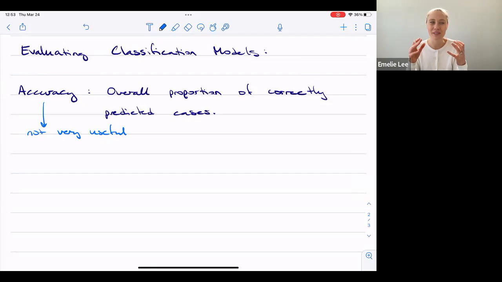If I have a model that predicts that everyone's just going to stay, that's true for a huge number of cases. So everyone gets a 0, no one's leaving. Well, the accuracy is really good.